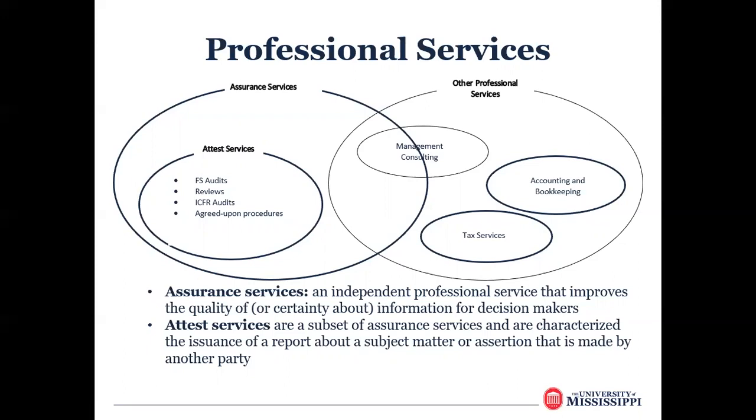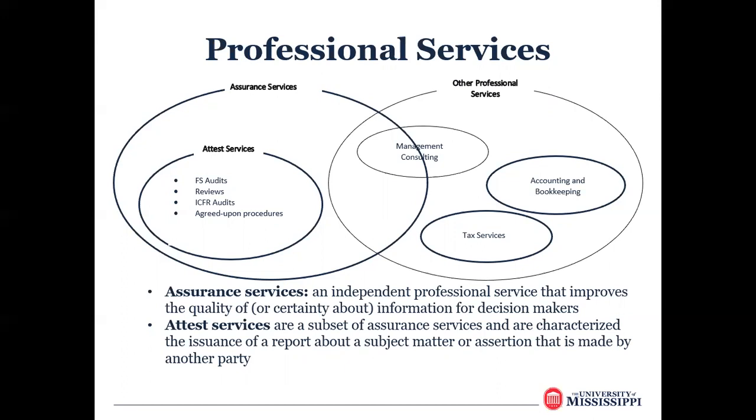Okay, and so within that assurance services umbrella, you're going to have a smaller class of services that we call attest services. Okay, and I'll come back to attest services in general. Well, let me just go ahead and define attest services, and then we'll talk about assurance services that are not attest services.